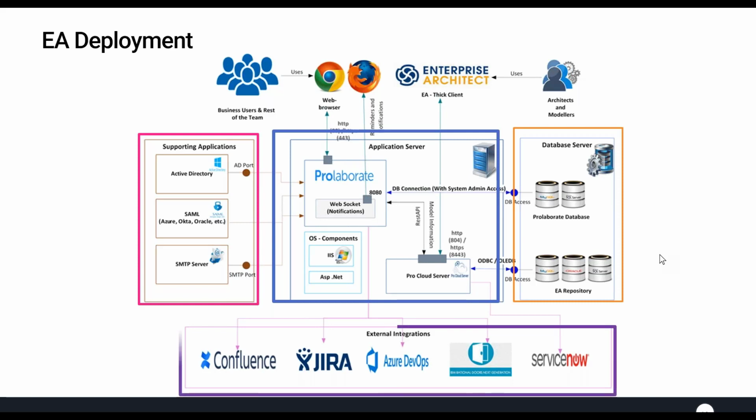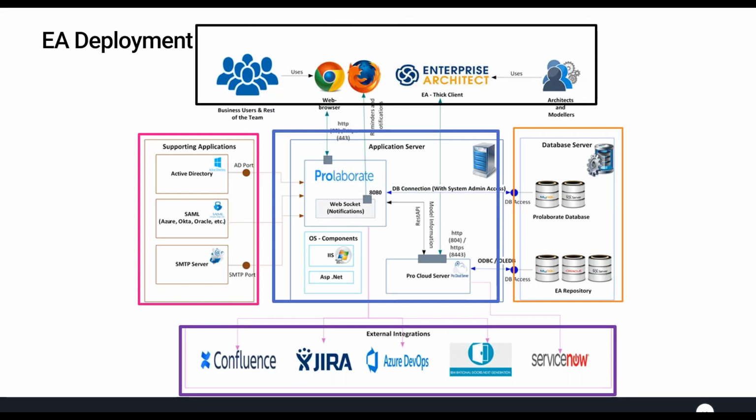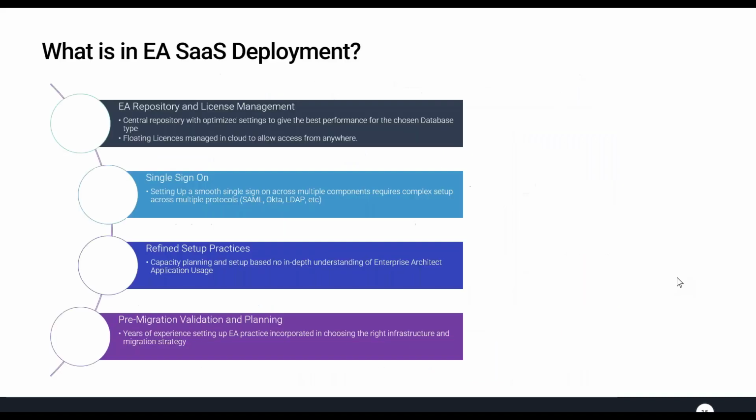And then you have the integrations to the external tools. That's also a major part of rolling out an EA practice. And lastly, configuring the front end or the user application to make sure it works seamlessly. So there's quite a few steps. This is even a super simplified version of a deployment, but just to highlight that it's not just installing a package and getting started. And what's in the EA SaaS deployment?